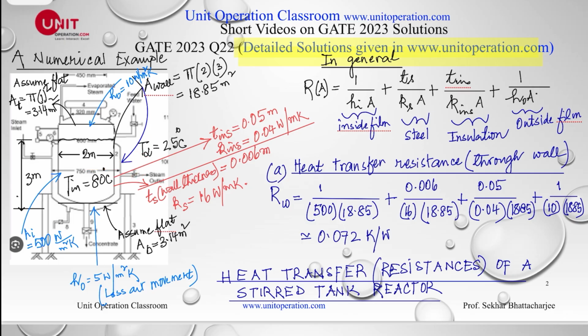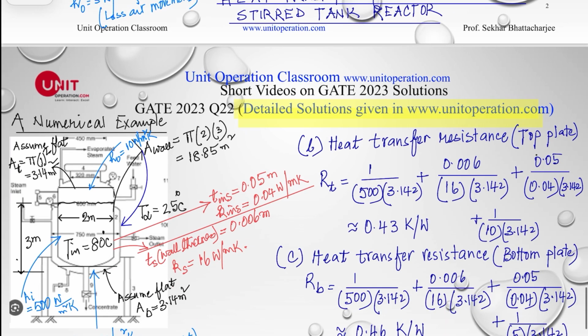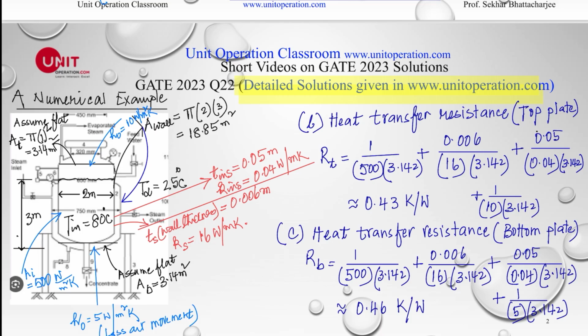Similarly we can find out the heat transfer from the top plate. Let's assume the heat transfer here. So the heat transfer resistance from the top plate would be equal to 1 over 500. Now the area changes, but these values remain the same. The areas change here. These values remain the same.